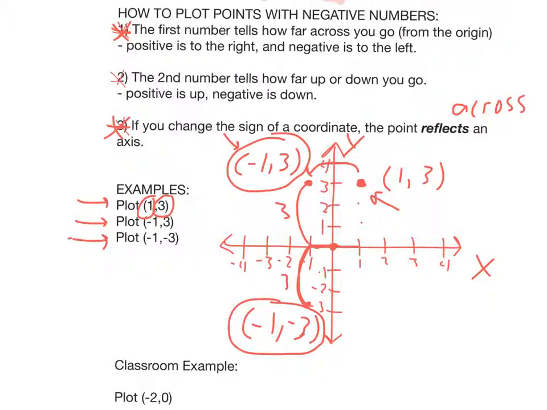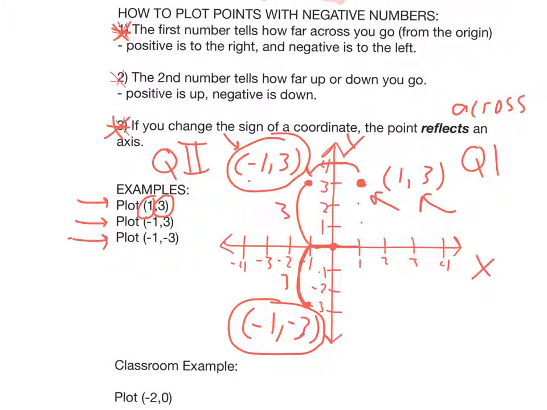Okay? Before you do your classroom example, I just want to point out a couple things. This first quadrant, quadrant 1, all of the coordinates will be positive there. Both coordinates will be positive. In quadrant 2, over here, I don't know why I used a normal 2. I should have used a Roman numeral 2. I was testing you.